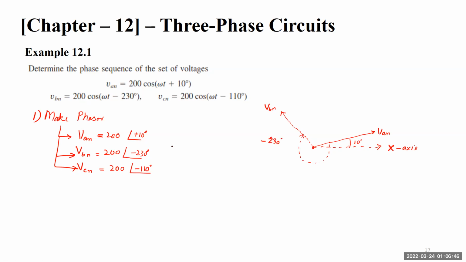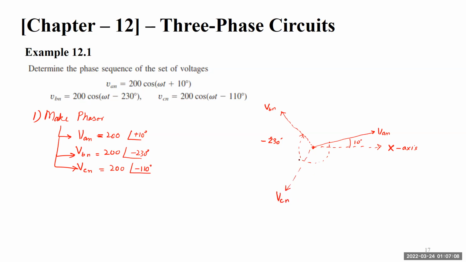And then VCN is minus 110 degrees. So from plus 10, I go to minus 110. It is somewhere here. So this is VCN.